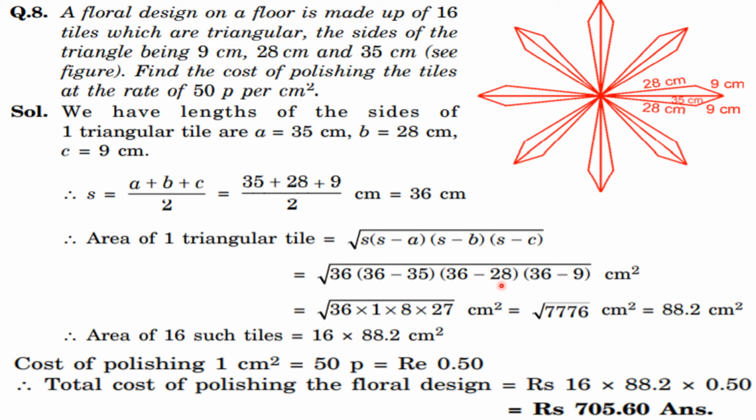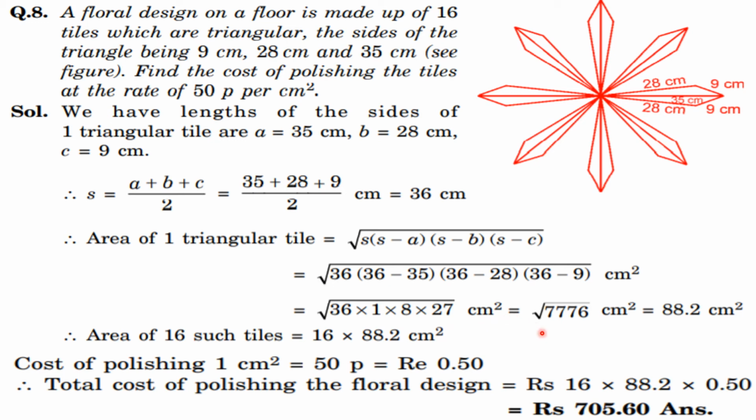What is the value of 36 minus 28? 8. Understood this third factor, my children? Right. Into. Let us write the fourth factor by simplifying these two numbers. What is the value of 36 minus 9? Right. 27. Understood this 27, my children? Right. Centimeter square. Understood this step, my children?